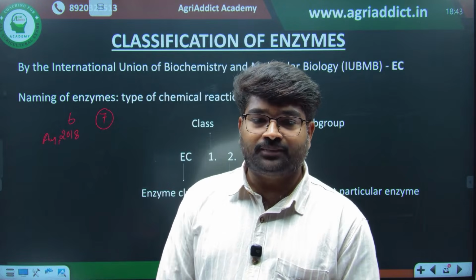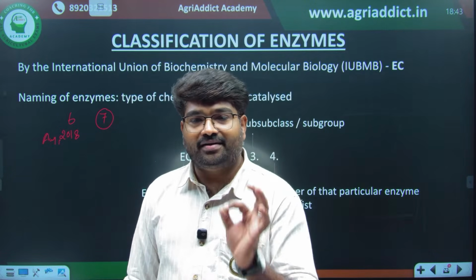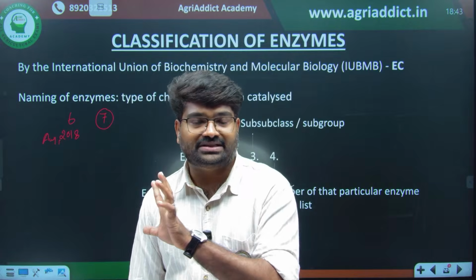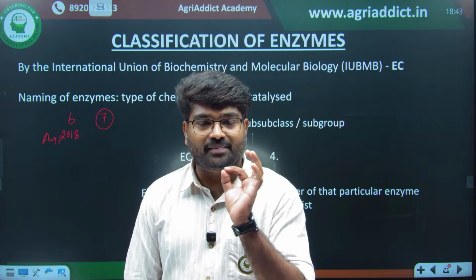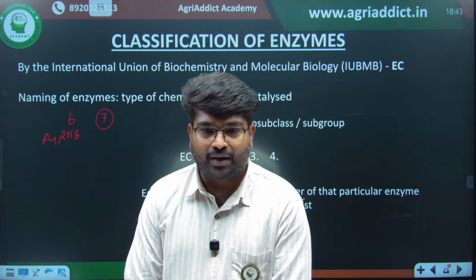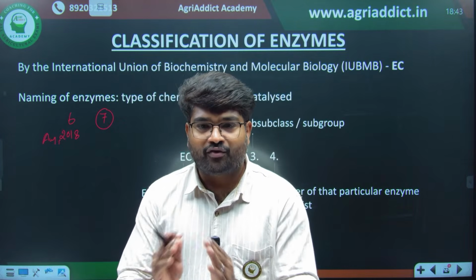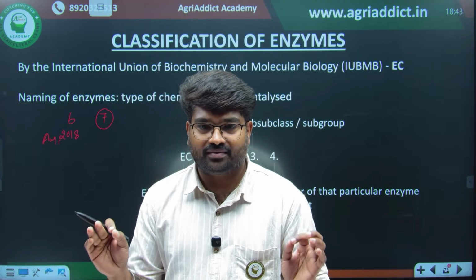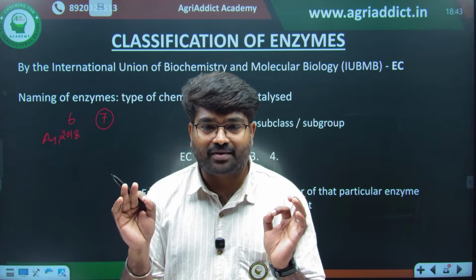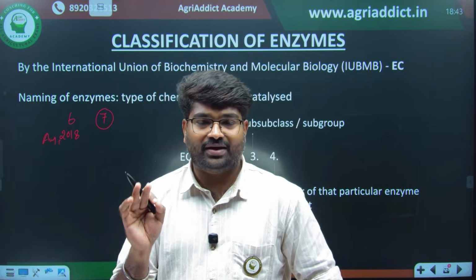Each enzyme is assigned an enzyme commission number. Why have they given this? As we discussed in our lecture, it is for unifying the names, so they have given an enzyme commission number for each and every class of enzyme.